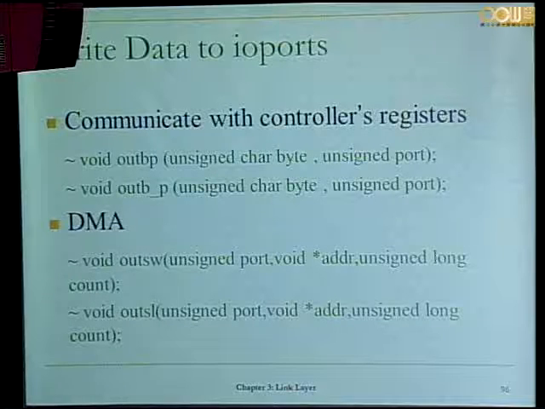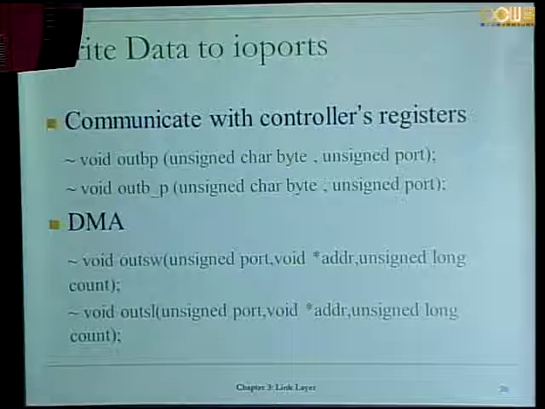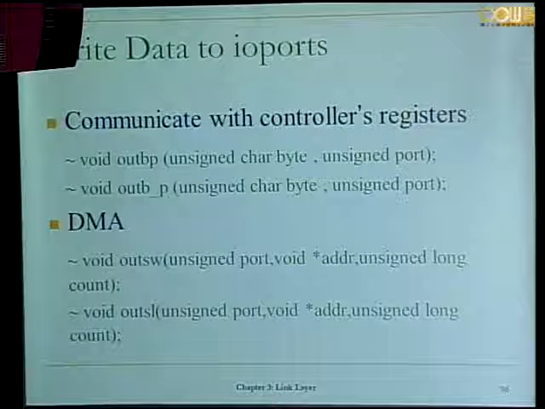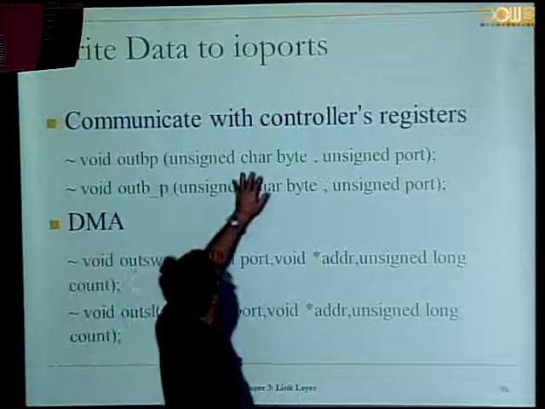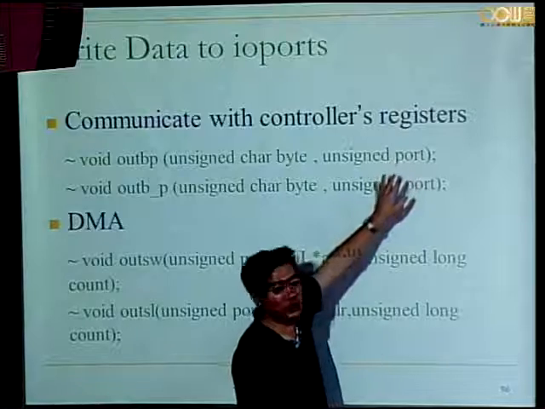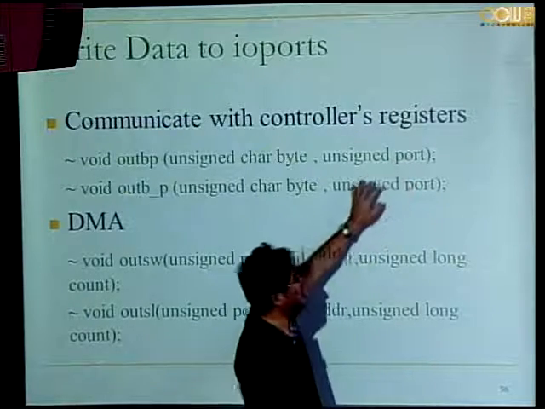But for writing to the register, I'm writing commands to the register. So I'm issuing commands. I'm asking the device to do something. So I issue this command to this port number, and this will be the address of the register on the I/O port.